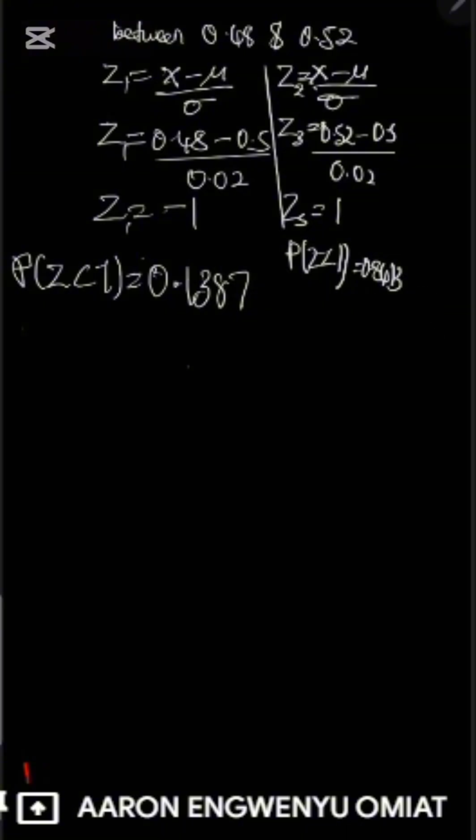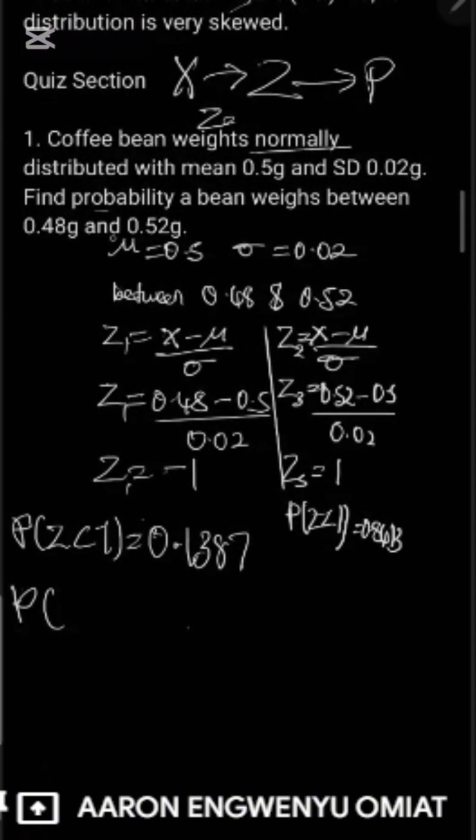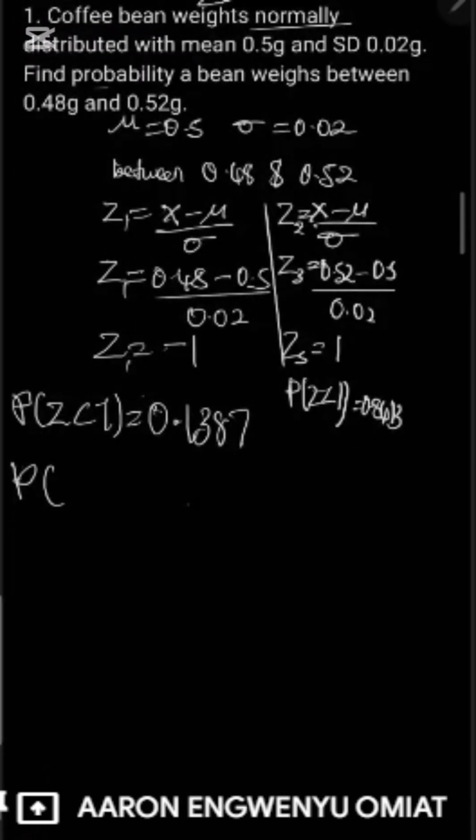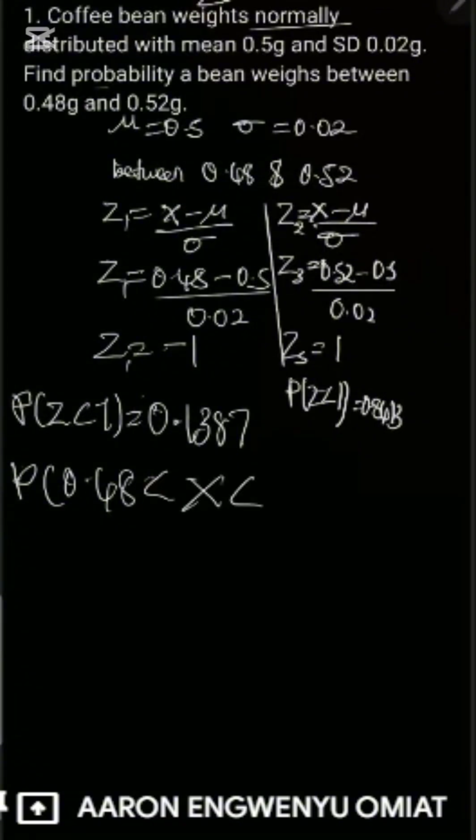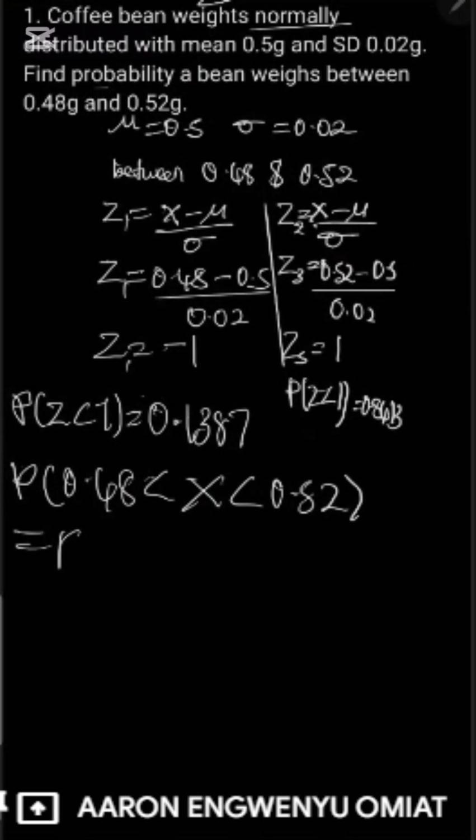They're asking for the probability that a bin weighs between 0.46 and 0.52, which is equal to the probability that the corresponding z scores lie between -1 and 1.